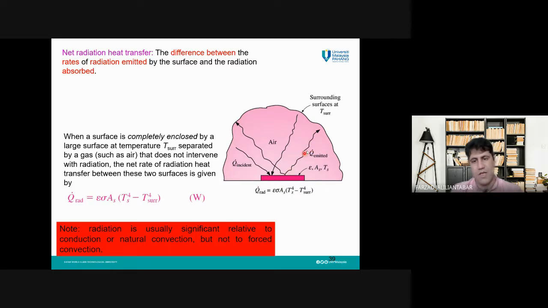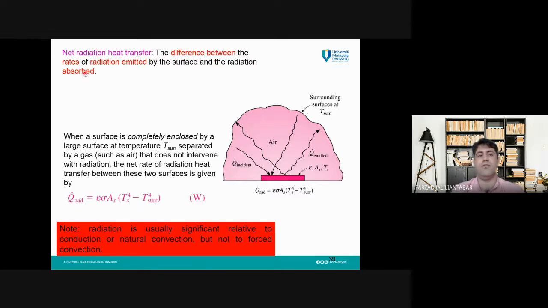So we have Q dot emitted and we have Q dot incident, or Q dot which reaches the surface. So the net radiation heat transfer is simply the difference between these two. Some energy comes to the surface, some energy goes out from the surface. So simply the net radiation heat transfer during this heat transfer process by radiation is the difference between these two.